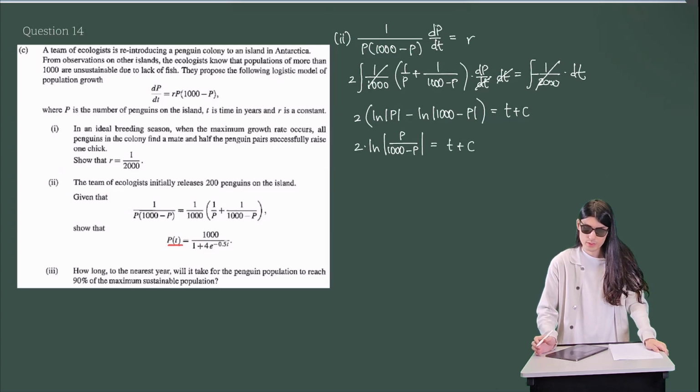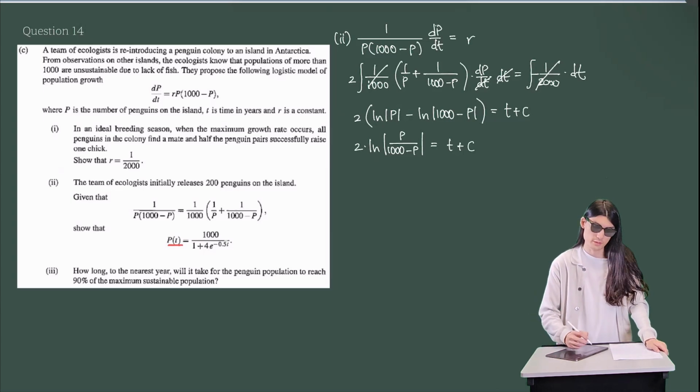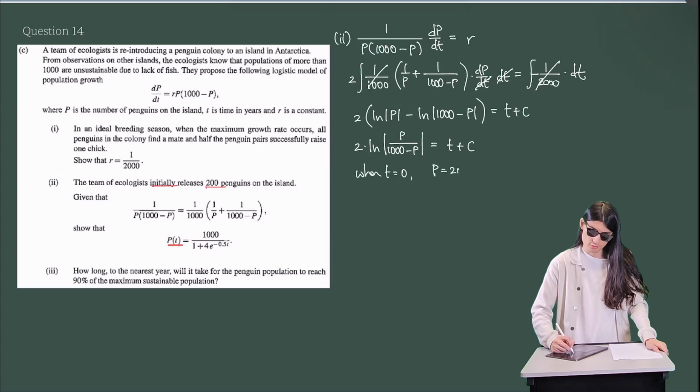is t plus c. And at this point, let me substitute in the initial value given to me in the question to find the value of c. So I'm talking about how the question told us initially there's 200 penguins. So when t is equal to 0, population is 200. Substitute that in, so you end up with, on the right hand side over here, 0 plus c.